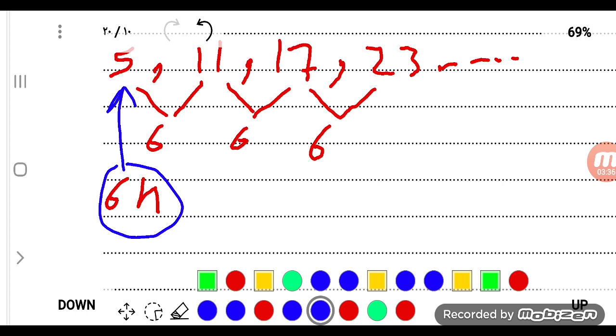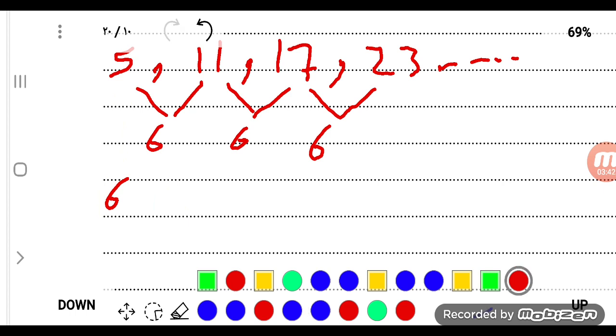I need minus 1, which means I have to add minus 1 here, and then I will check whether it's correct for the whole sequence or not. So 6 times 1, 6 minus 1, you get 5, it's correct.